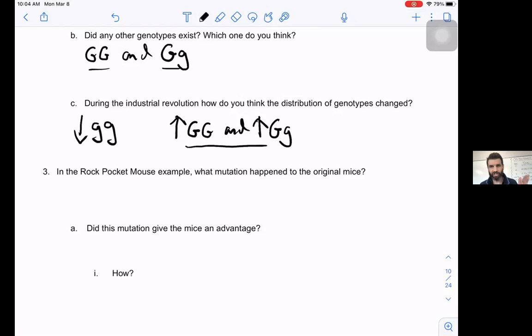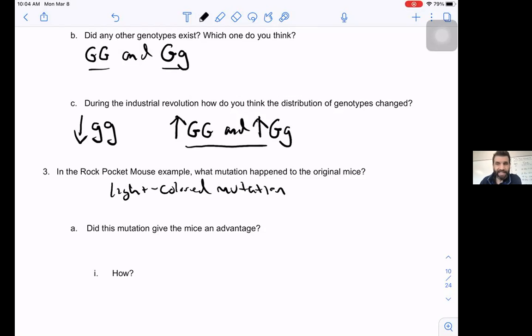Okay, so the rock pocket mouse is another example, kind of similar to the peppered moth, where there are different colors of the mice. In the rock pocket mouse, what mutation happened to the original mice? Well, there was a mutation that gave the mice a lighter color.